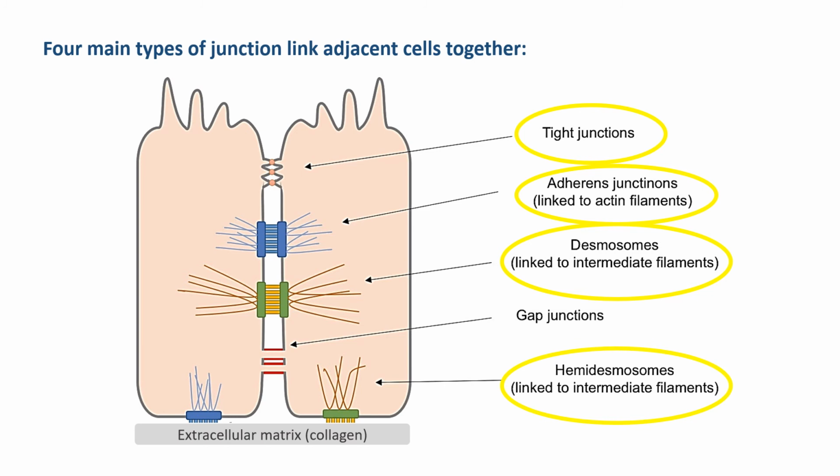These half desmosomes, rather than linking two cells together, help to link cells to the extracellular matrix, basically collagen layers, to anchor the whole tissue in place. And also, we've already mentioned gap junctions. Gap junctions are like little tunnels between cells.